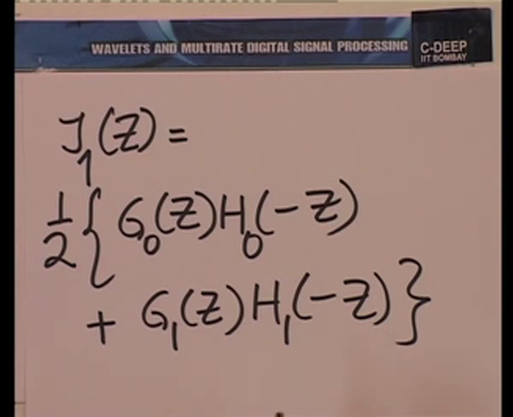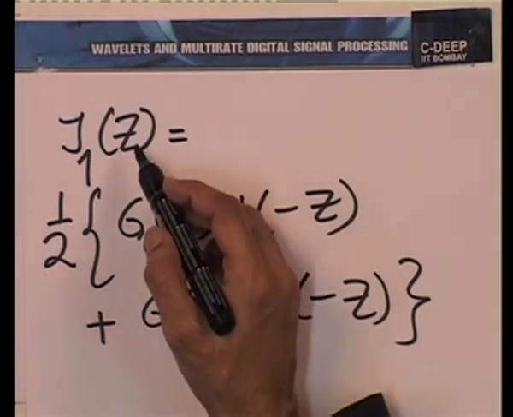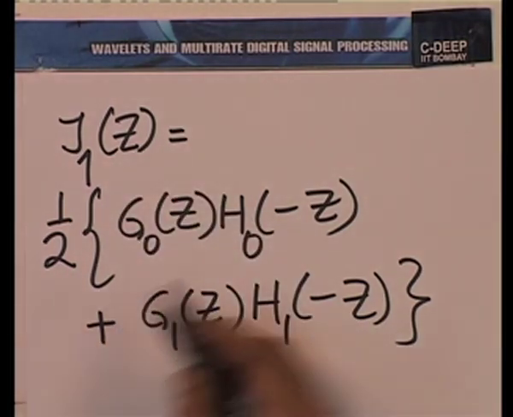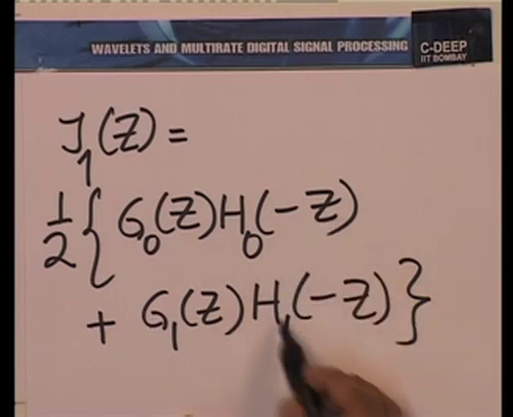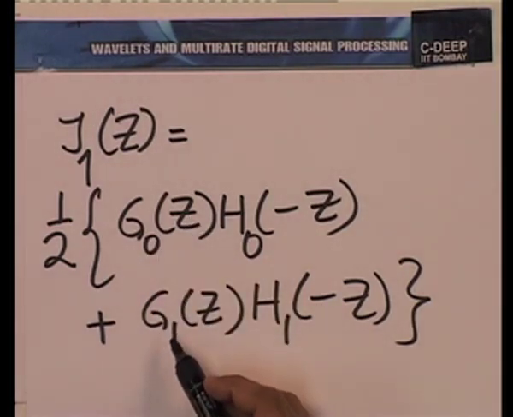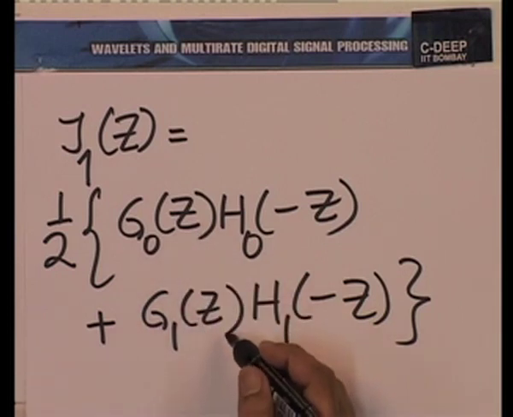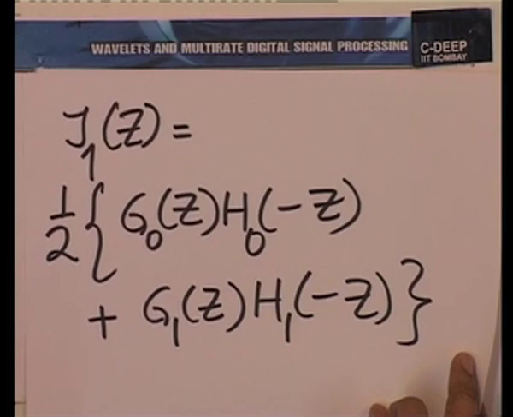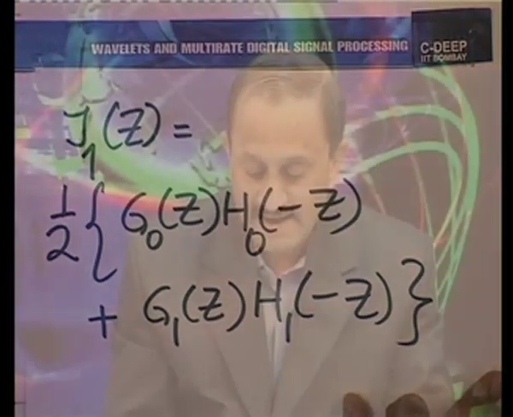Now, it should be noted that in tau1(z), which is what multiplies X(-z), you involve H0(-z) and H1(-z). So, you never involve G0(-z) or G1(-z). The z replacement by -z is only for the analysis side. Anyway, with this little observation, we now write down Y(z) once again for clarity.